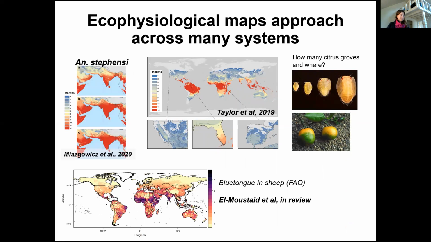One thing we discovered is that this ecophysiological maps approach, using this temperature-driven vector-borne disease approach, works across many systems. On the far left, you can see some maps of Anopheles stephensi using the rainbow months of the year to show this. If you look to the far left of those maps, you will see the Horn of Africa.